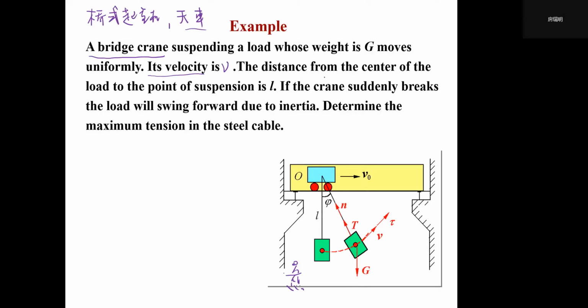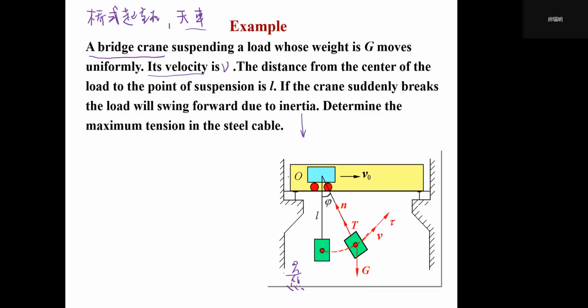The distance from the center of the load to the point of suspension is L. If the crane suddenly breaks, actually, if you guys look from up along the downward direction.